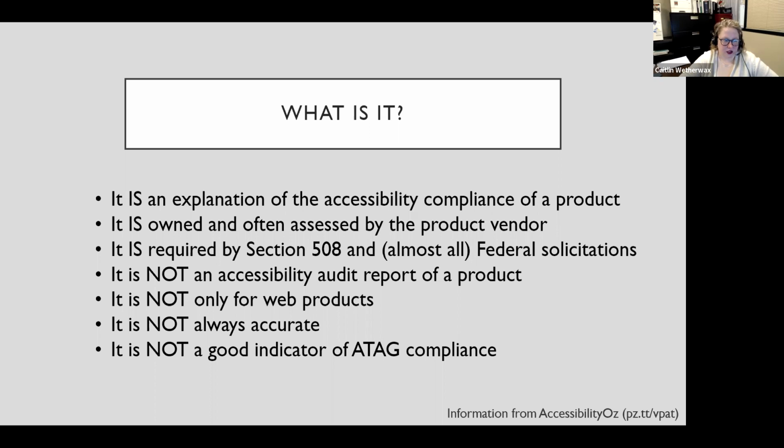And the big thing to note too is it's not just for web products, as I've mentioned, and it's not always accurate. So when you get your VPAT, you'll also want access to a demo version of the product you're looking at, so you can test it out. Don't just take their word for it, because a lot of times the company's filling it out. You want to test to make sure that what they're saying it does, it does.